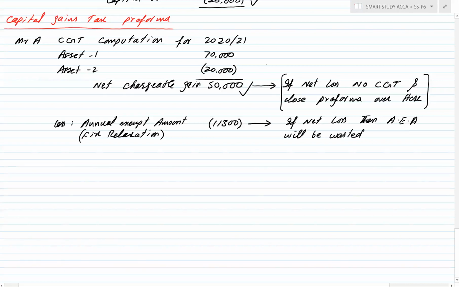We will close our pro forma over here, and this annual exempt amount will be wasted. We cannot utilize this annual exempt amount in the next year or anywhere else. Simply it will be wasted.